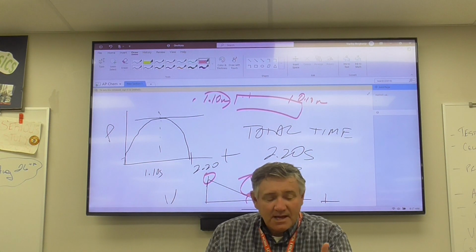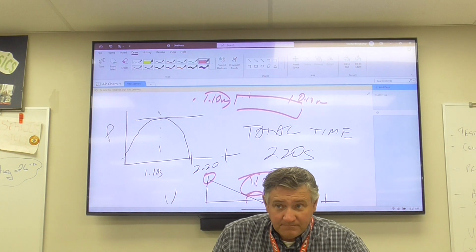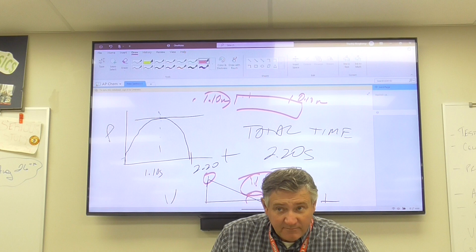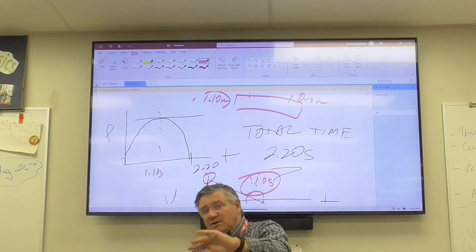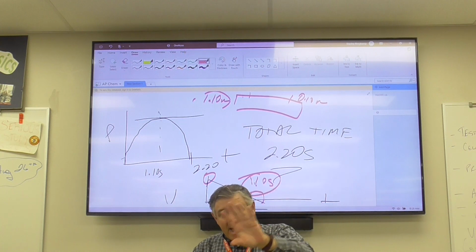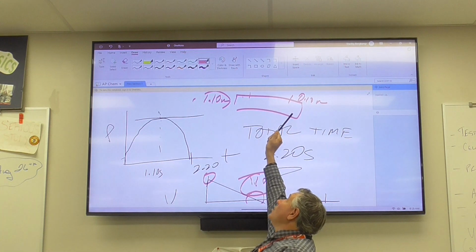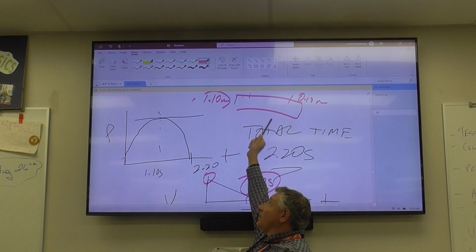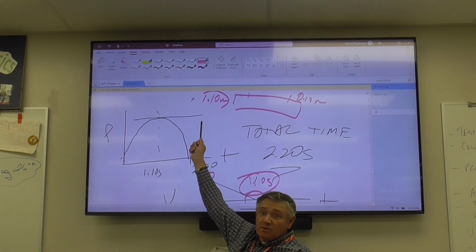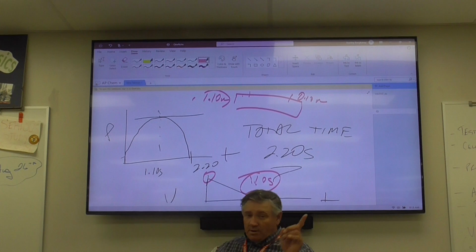How do you calculate displacement? Final minus initial, always. On the way up, what's my initial position? 0.1. What's my final position? 1.1. So what's my displacement on the way up? 1 meter.